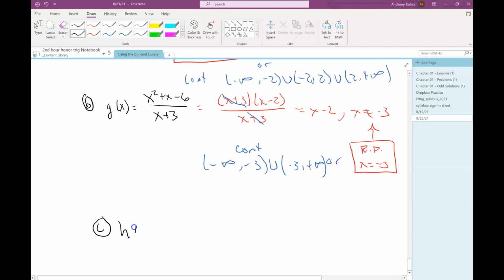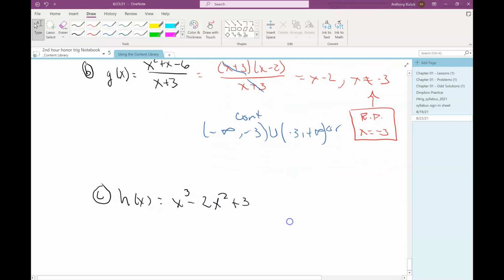What if you have something like this, that's just a polynomial. This is the best case scenario. Is there any way I can get something undefined out of here? No, right? Because all we're doing is adding, subtracting, and multiplying, basically.